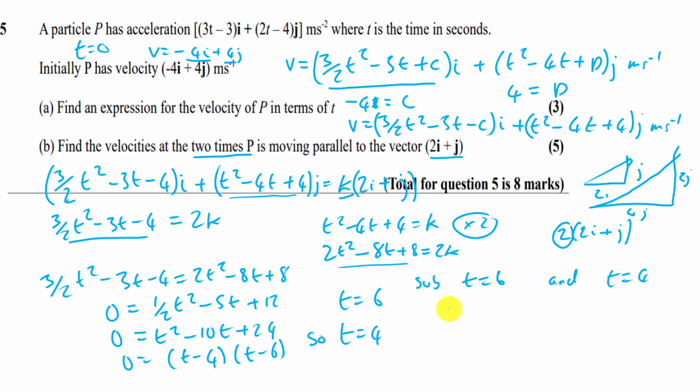So you'll get at t equals 4, v equals 8i plus 4j meters per second, and at t equals 6, v is going to equal, and you're just going to substitute in here and work it out. 32i plus 16j, and there you go.